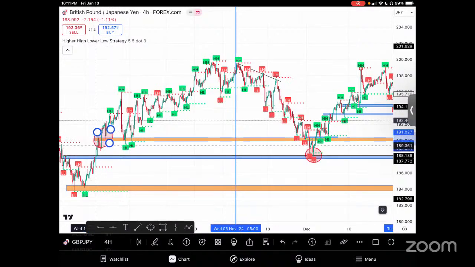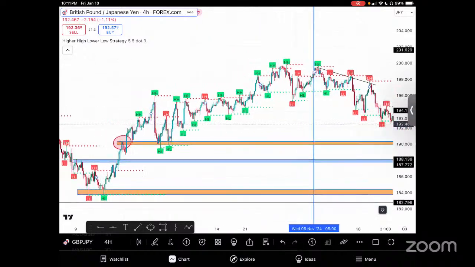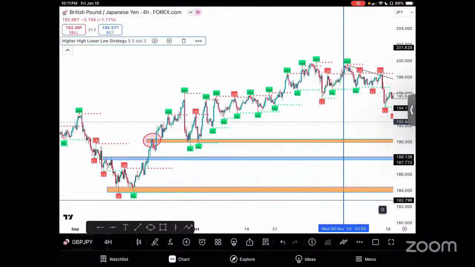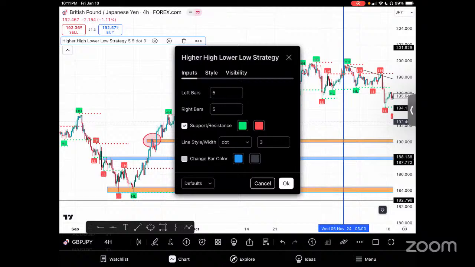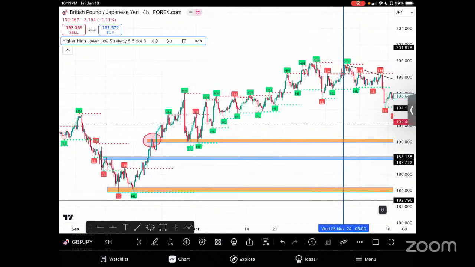All right, trying to grab it with my finger. And does it turn into support? Yes or no? Where the red circle is, do you see a candle that breaks resistance? And do you see a candle or a wick retest that zone? Yes or no? The answer is yes. How many times did price retest?